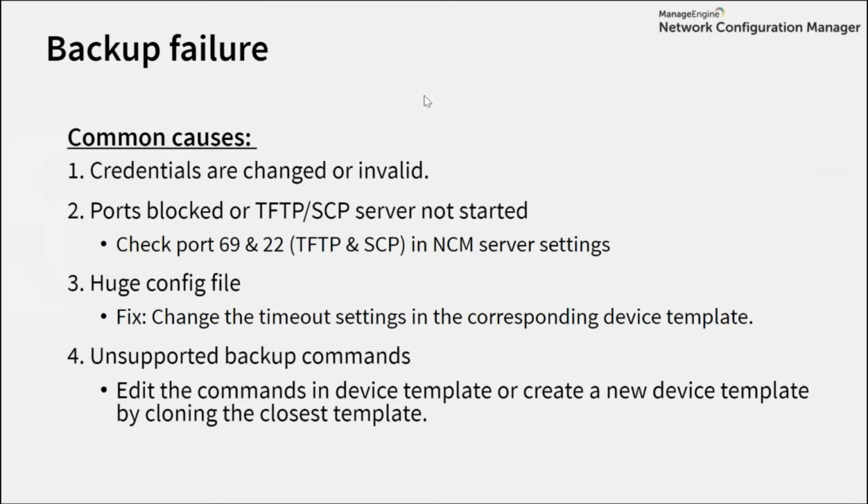Or the ports could be blocked, or the TFTP or SCP servers would not be in the running status. You can go and change them. Or the configuration file size is so huge that it exceeds the timeout settings. You can just go to the device template of that particular device, like I showed you earlier, and then edit the timeout, which is right beside the configuration commands for that particular device template.